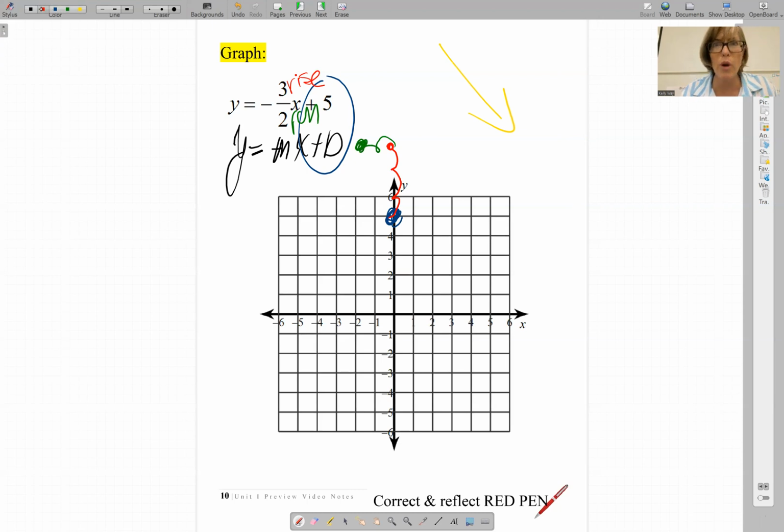Do not allow your brain to be confined by a pre-scribed graph. You can go off the graph. That's 3/2. It should look like this. Please label your lines. That's y equals -3/2 x plus 5.